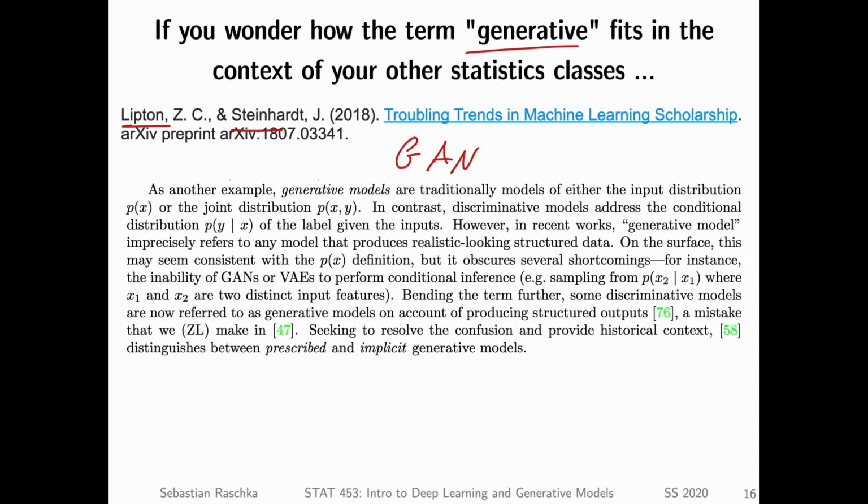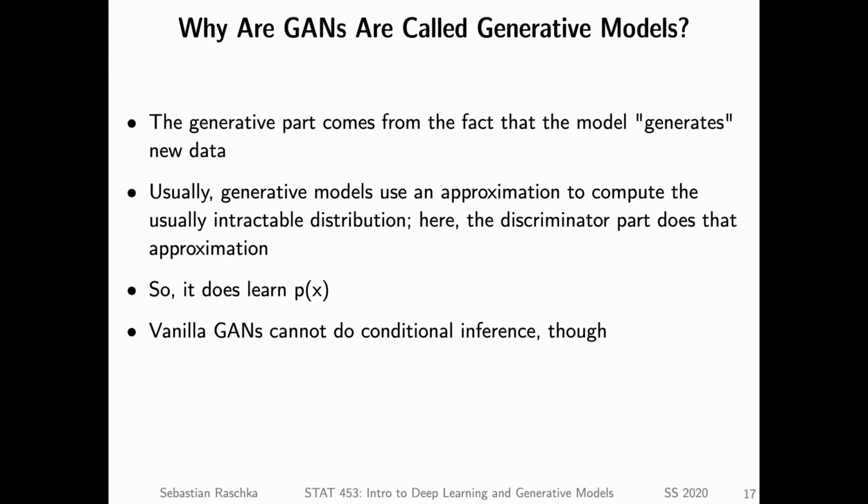I'm not going to read this here, but the general idea is that the generative part in GAN comes from the fact that the model can generate new data. So in a way it's consistent with generative models in statistics. Here the discriminator would essentially learn implicitly the distribution of the training data.